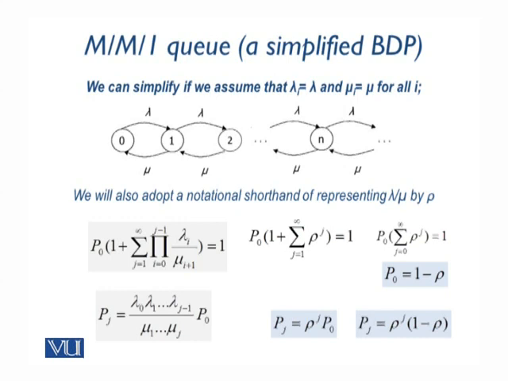P naught is the probability of having 0 customers in the queue. So we would have 0 multiplied by P naught plus 1 multiplied by P1, and we take this summation, and from this we can calculate the expected value, and that is the steady state average of how many customers we would expect to find in the system.